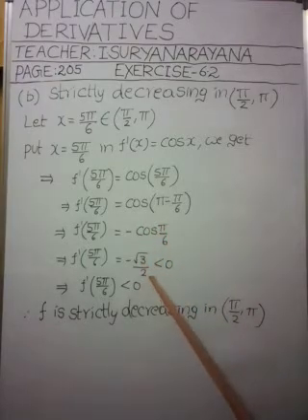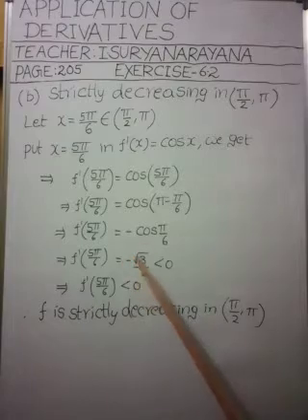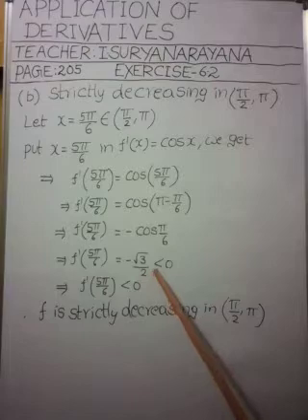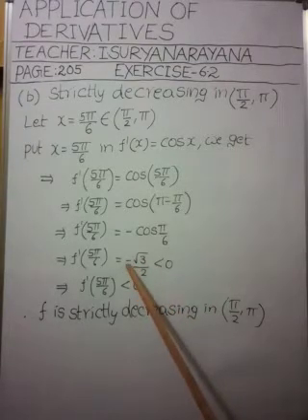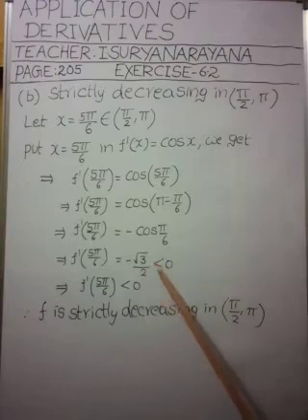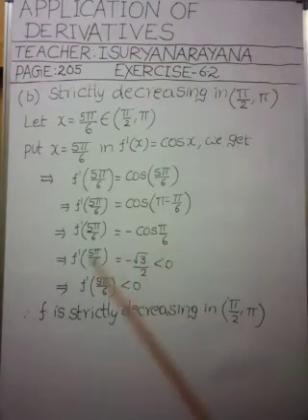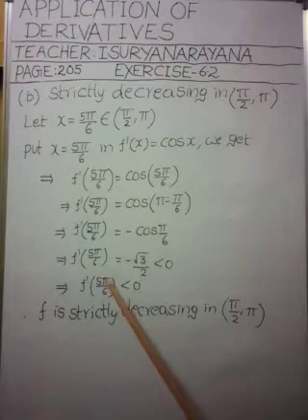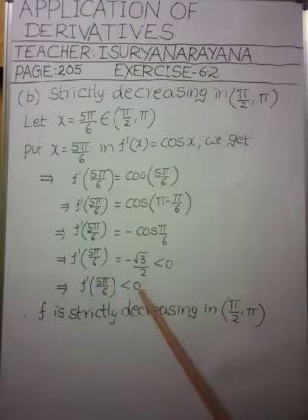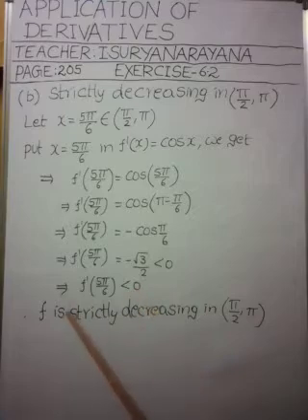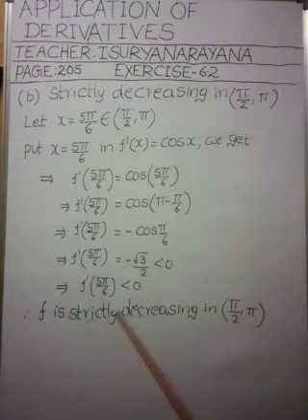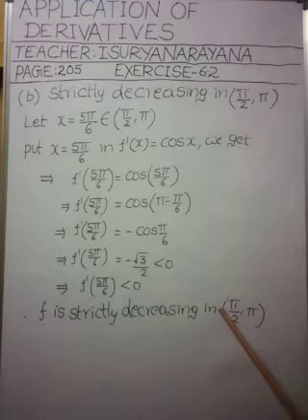Yes, root 3 by 2. So finally we got minus root 3 by 2. Is it a positive number or a negative number, my children? Yes, a negative number, because the minus sign is there. So it is a negative number, meaning it is less than 0. So f dash of 5 pi by 6 is less than 0. We got here f dash of x value less than 0. Therefore we can say that f is strictly decreasing in the open interval pi by 2 comma pi.